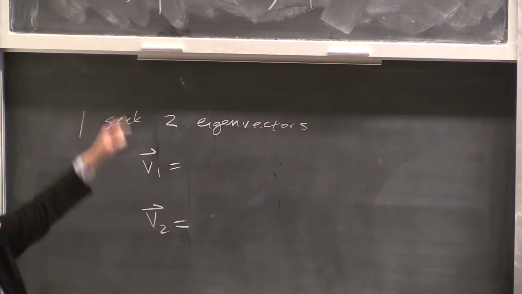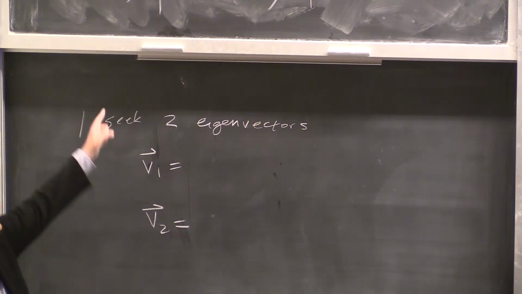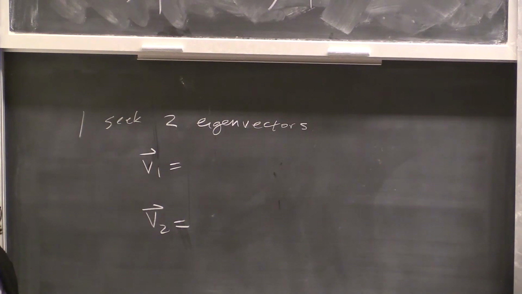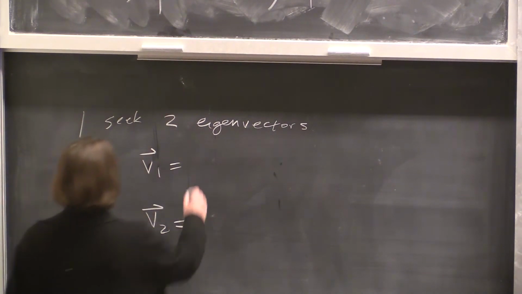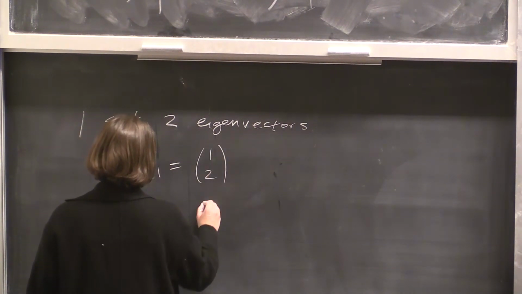So without looking at the matrix, just looking at the picture, can you find vectors which, when you act on them with that action, you get a number times the vector? Yes? The thing parallel to the line and one perpendicular. OK, so parallel and perpendicular.